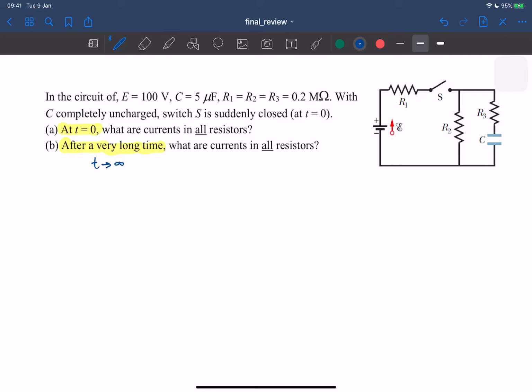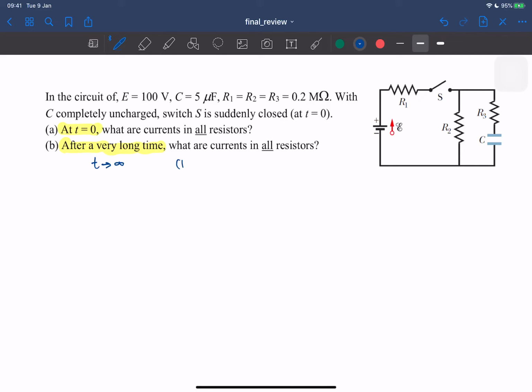You don't need to set up the Kirchhoff rule and then try to solve a differential equation or something like that. That's quite complicated and not necessary. Why? Because there are two facts that you can use for this kind of problem.